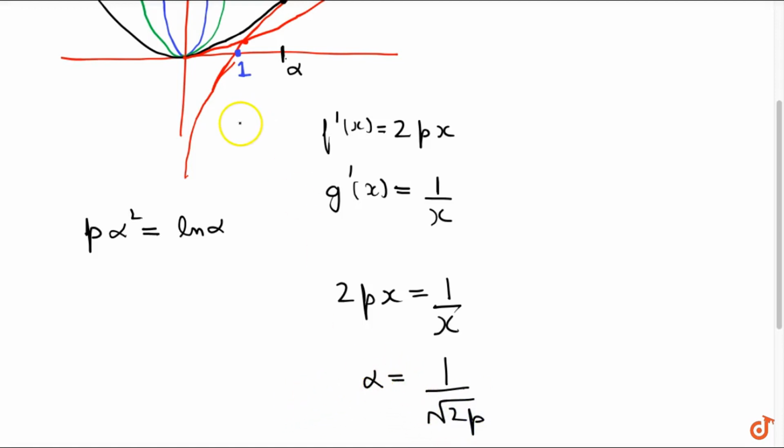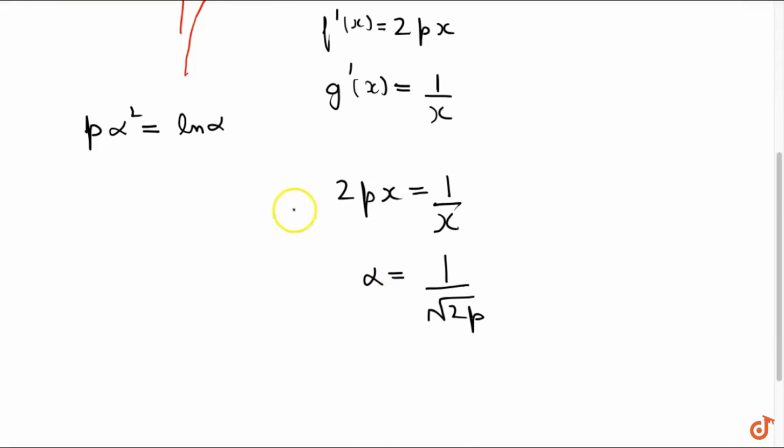Obviously alpha is positive, so we put this value of alpha here. So we get p times alpha square is equal to ln alpha. We put this value of alpha here.